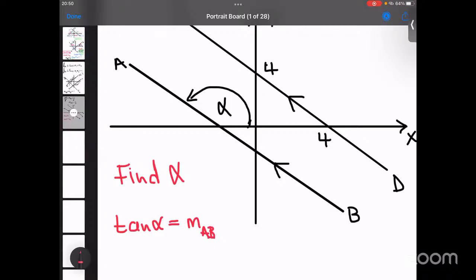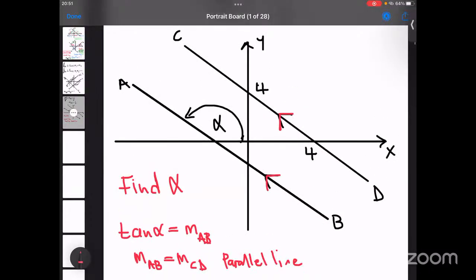But what I know is that the gradient of line AB should be equal to the gradient of line CD, because those are parallel lines. I'm sure this proves that those lines are parallel, and again, I mentioned it as I was drawing this. So why can't I use this point, which is 4, and that point, which is 4, in order to determine the gradient of line CD?